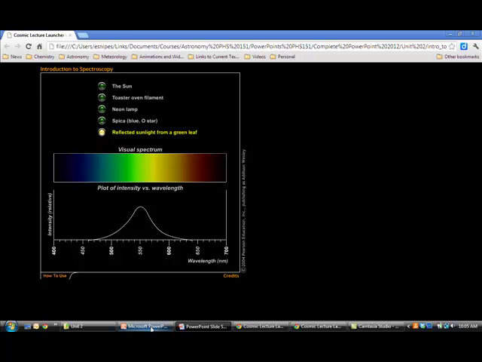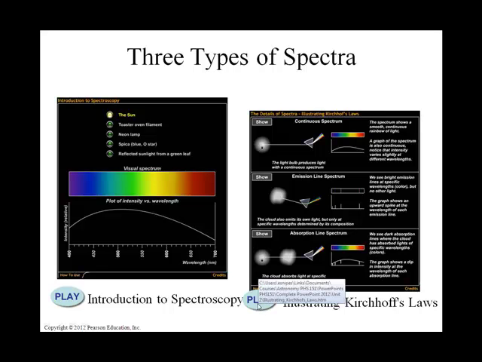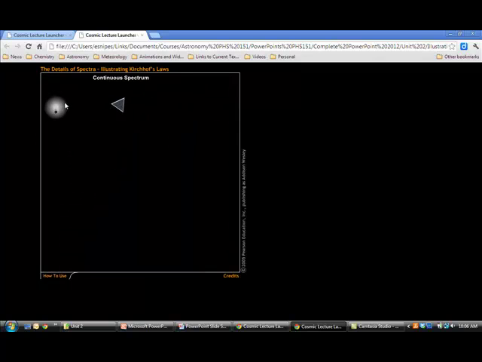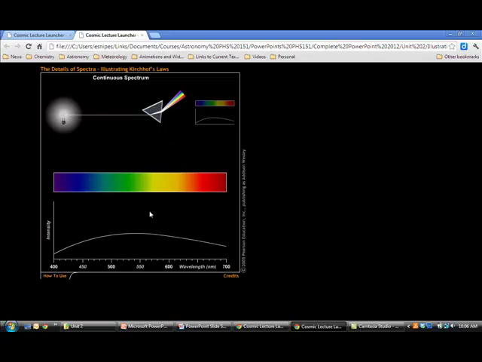Let's see, I kind of wanted to show you the... All right, so the way this works is it's showing you Kirchhoff's three laws, the continuous spectrum, the emission line spectrum, and the absorption line spectrum, corresponding to his first, second, and third law, respectively. Later on in context of a star, perhaps.